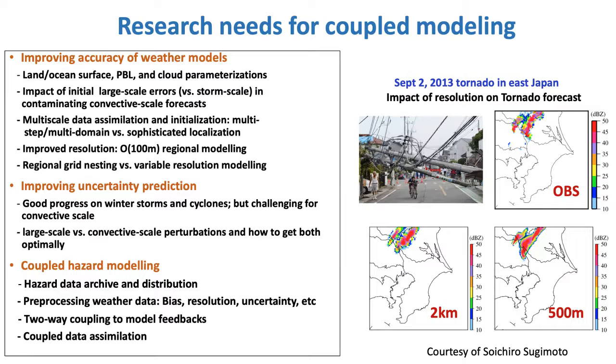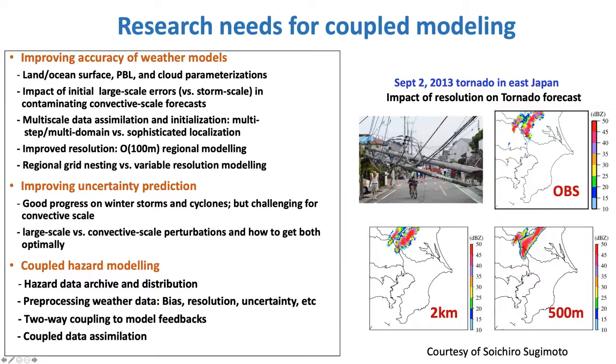For the coupled hazard modeling, of course, data archive and distribution is quite a basic thing, but it's still lacking. Then pre-processing weather data, two-way coupling to model feedbacks, and coupled data assimilation are all important issues. On the right, I'm just showing an illustration that the model resolution really makes a big difference.